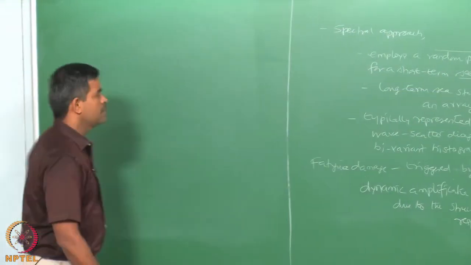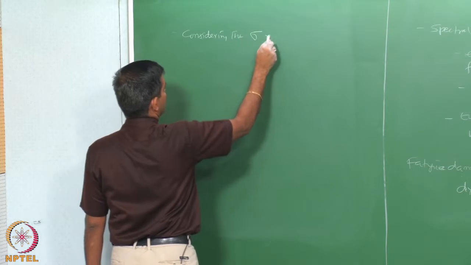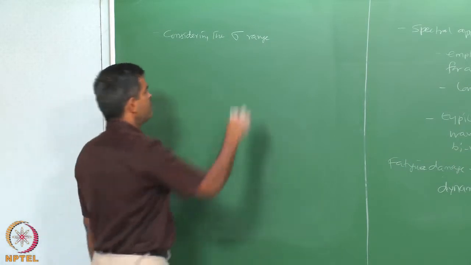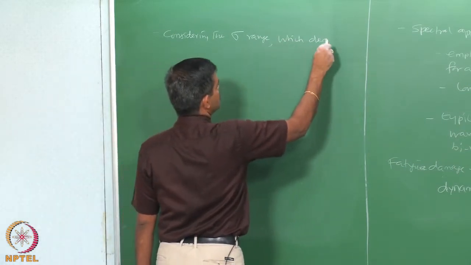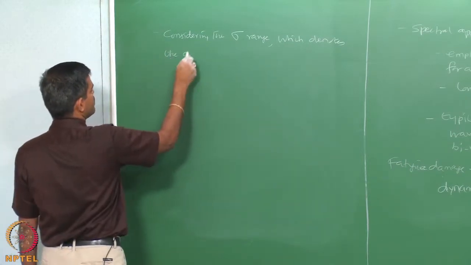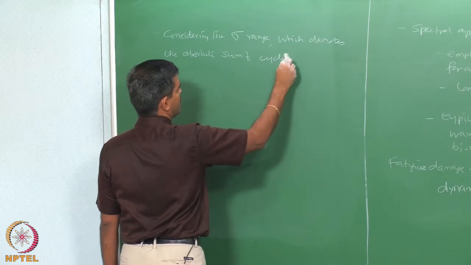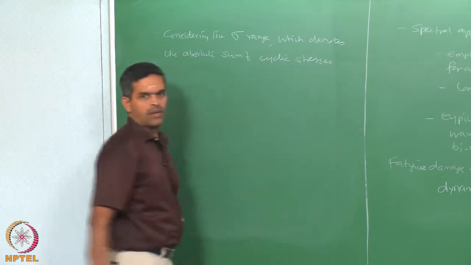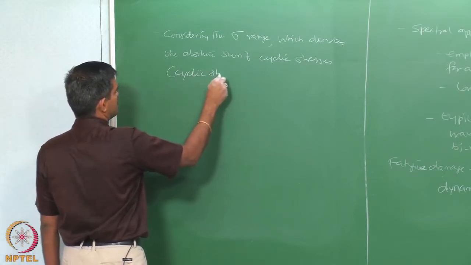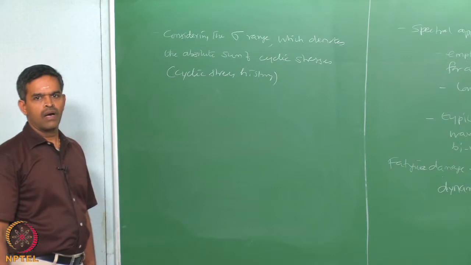Considering the stress ranges the material or the member can withstand, which denotes, let us say, the absolute sum of cyclic stresses, or one can say even cyclic stress history about a mean stress.